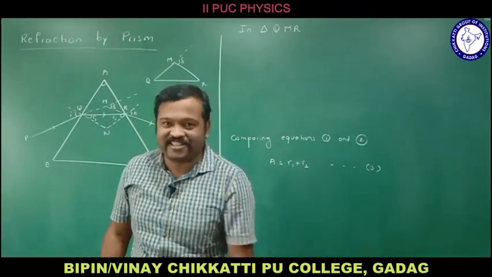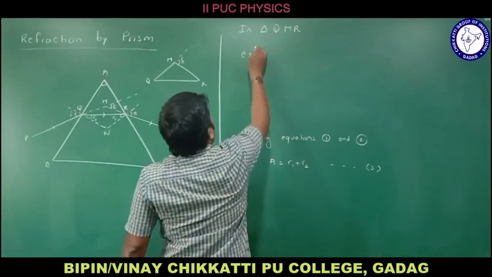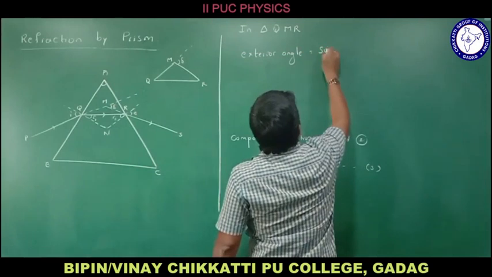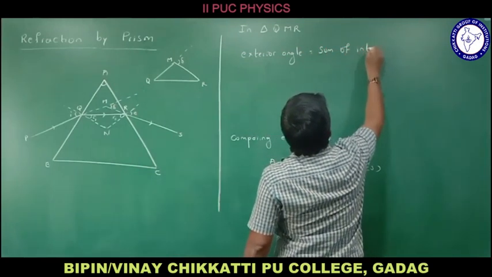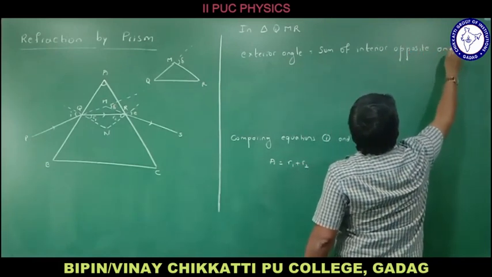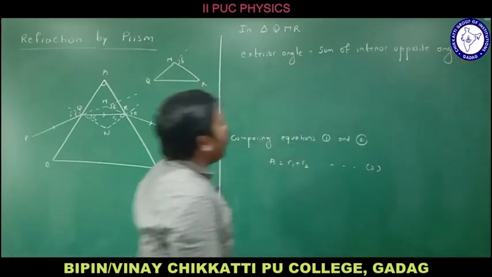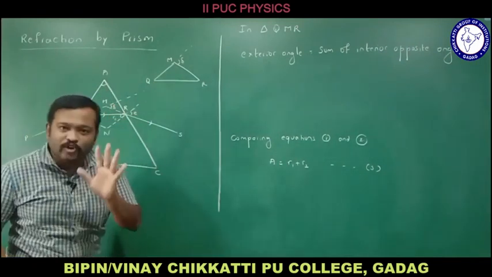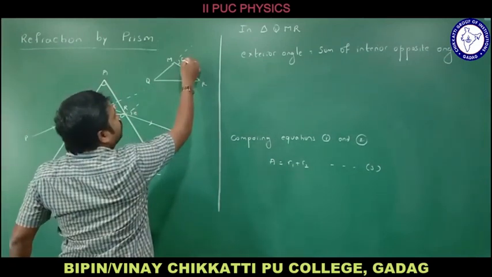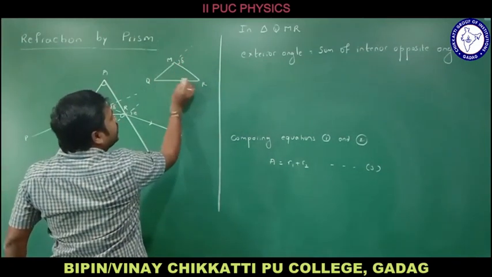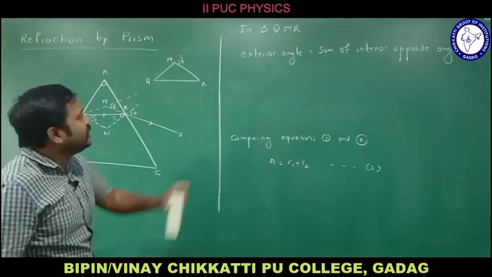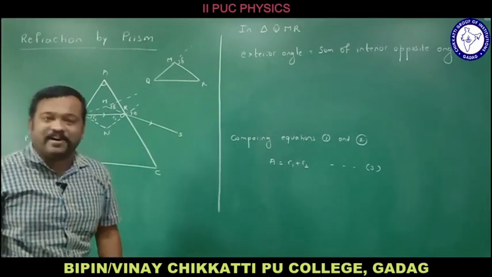We know the formula for the exterior angle: exterior angle will always be equal to the sum of interior opposite angles. So this is the exterior angle, these are interior angles, and the sum of interior opposite angles means angle Q plus angle R.